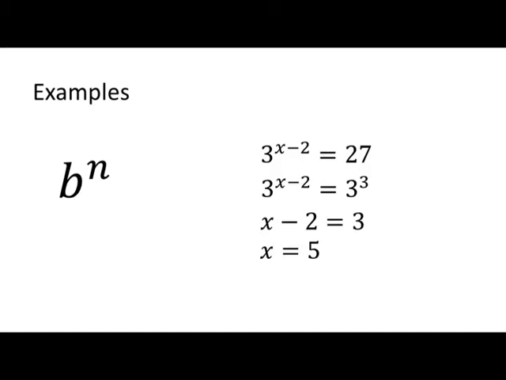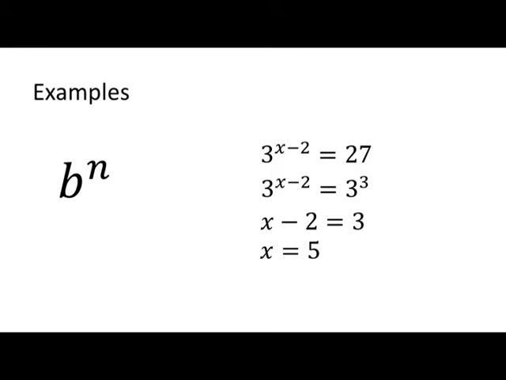The SAT will frequently give you problems where there's a variable somewhere in the exponent. For example, 3 to the x minus 2 equals 27. The key to most of these problems is first getting everything into the same base. Well, we know 27 is a power of 3, it's 3 cubed.